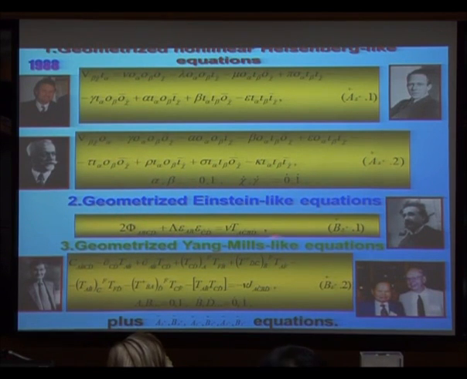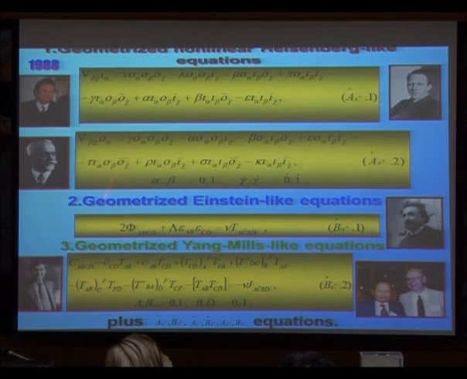This is not the Einstein equations, this is not the Heisenberg equations, but these are Heisenberg-like and Einstein-like equations.